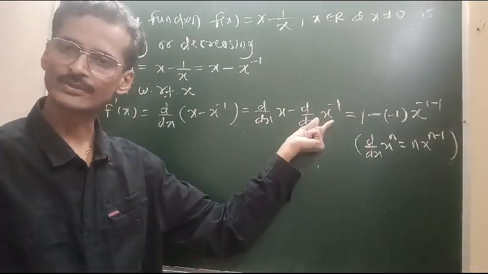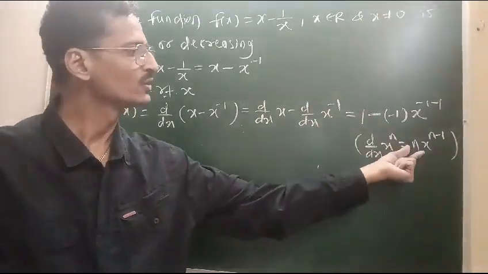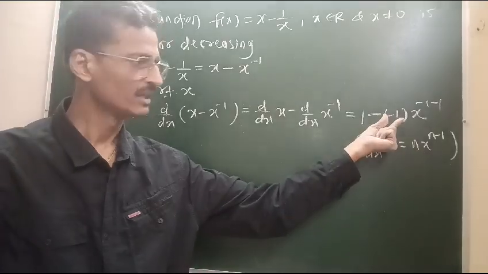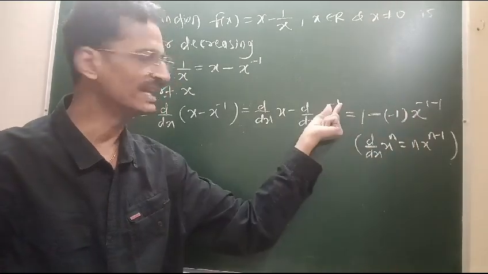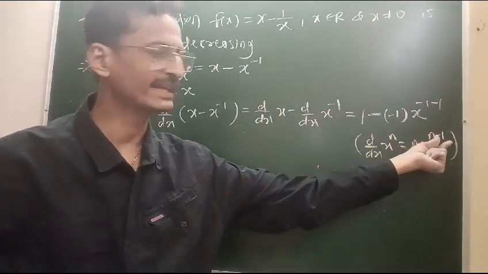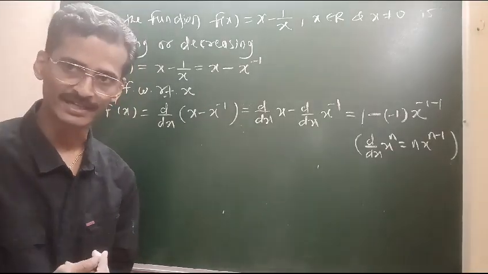Now d/dx of this, that is x raised to n, where n is minus 1. So we write minus 1 into x raised to n minus 1. So n is minus 1, and again minus 1. So minus 1 minus 1 is what? Minus 2.